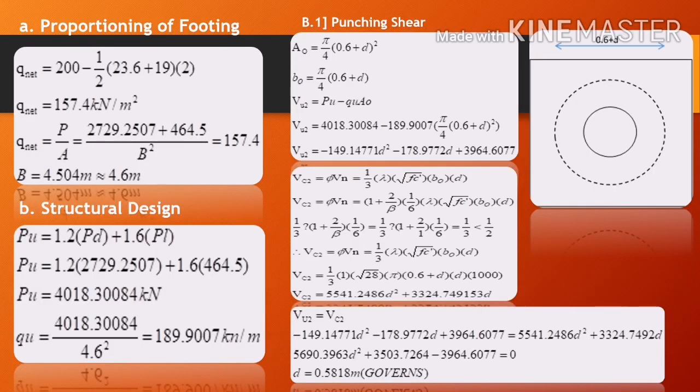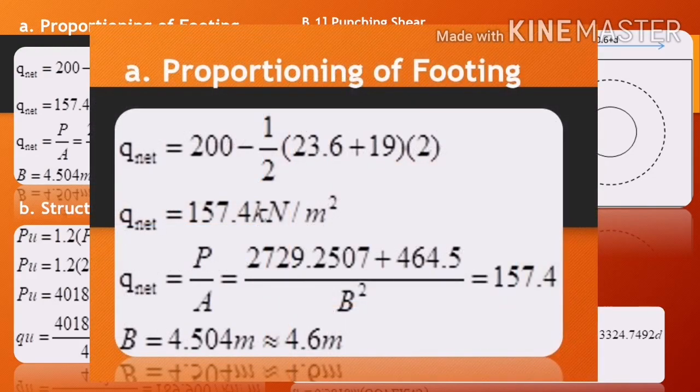For the proportioning of the footing, to solve for B, we should equate the Q net to P over A. So, Q net is equal to 200 minus 1/2 times the quantity 23.6 plus 19 times 2, which is equal to 157.4 kilonewton per meter squared.